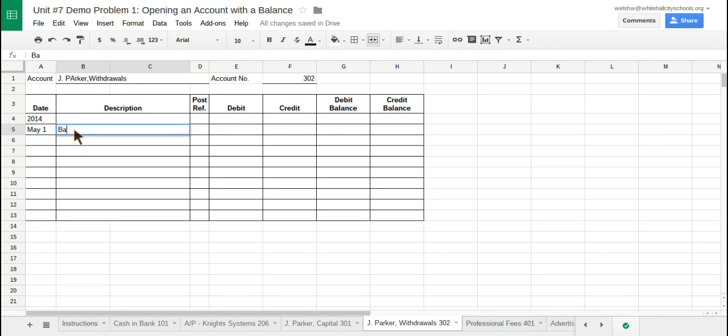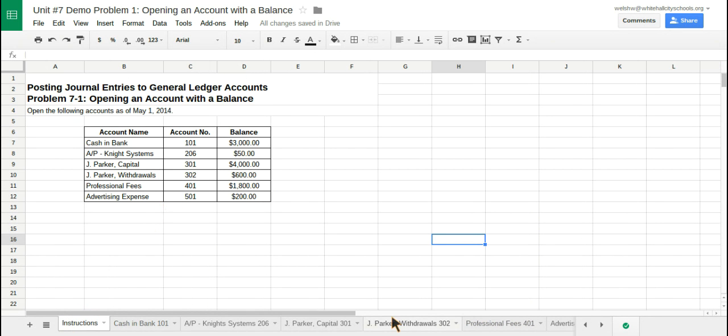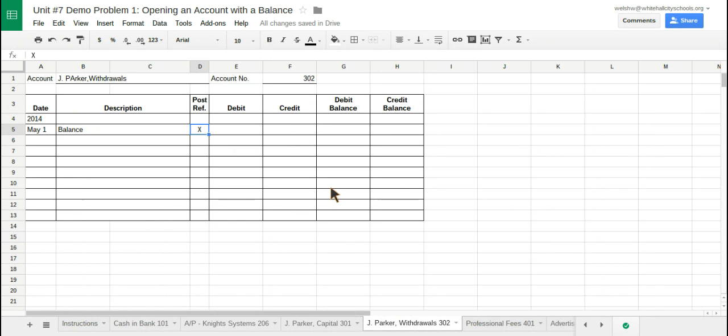Balance. Just an X that it's been done. Withdrawals have a normal debit balance, for $600. So in the debit balance column, we just put $600.